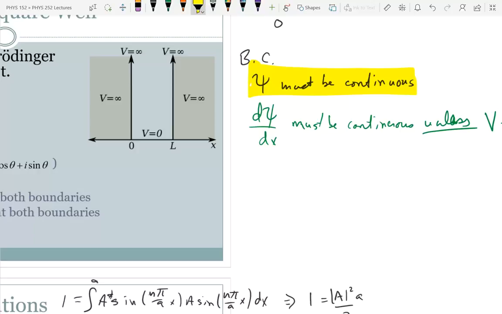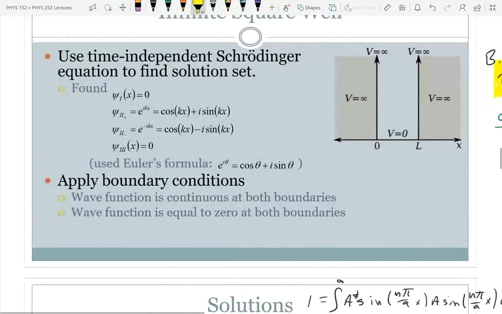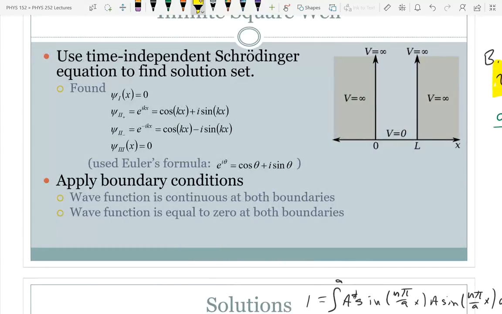Because for sine to be 0, the argument has to be an integer multiple of pi. And so we had n pi over a, the length of the box here. Oh wait, this is going to the answer. Have to go back a step. We had sine of kx there.